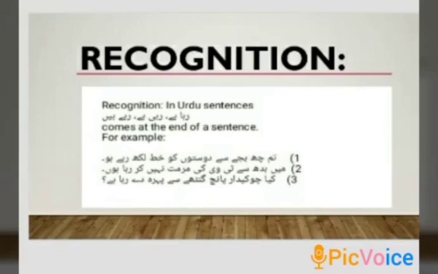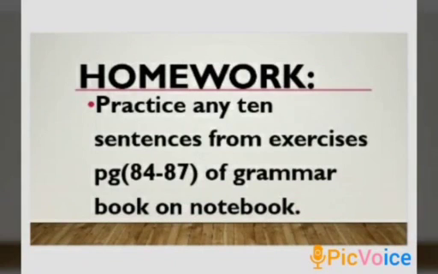And if the example is तुम दोस्तों को खत लिख रहे हो, then it will be the example of present continuous tense. So this is the difference between these two. In present perfect continuous tense, the time is given. So you have to remember this difference and this recognition as well.